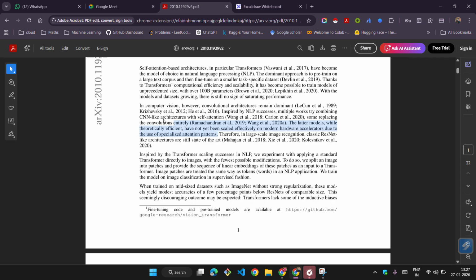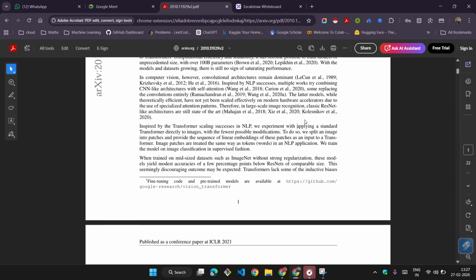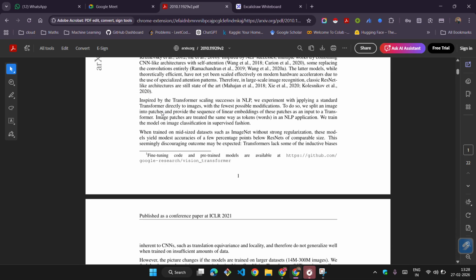So this basically tells us that people in mid 2016 and 17 were trying to replace the convolution or connect the convolution with self-attention models. But the problem arises that if they make certain changes to the architecture, they may not be able to run the model in parallel. Therefore, in large-scale image recognition, classic ResNet-like architectures are still state of the art.